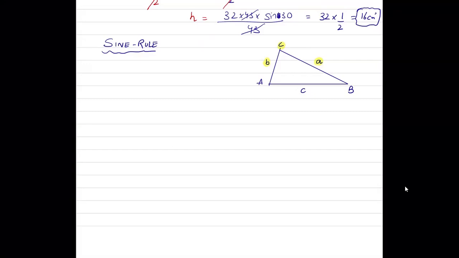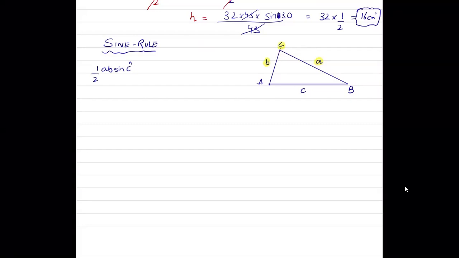What was the formula for the area of the triangle? Half times base into height, but that was when you were given the base and the perpendicular height. Now if you have two sides and an included angle, which formula would you use? Half times AB into sine theta. In this case, theta is going to be angle C, because that is the included angle between the two lengths.